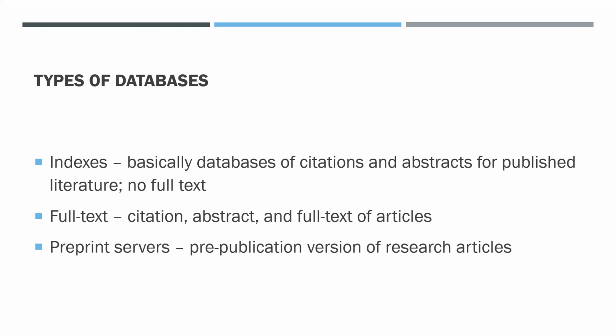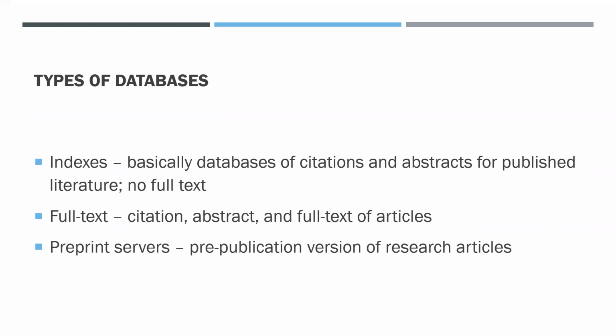There's no full text. An example of this would be SciFinder. SciFinder doesn't actually contain full text articles of research literature, but all of the citations for published articles are there.